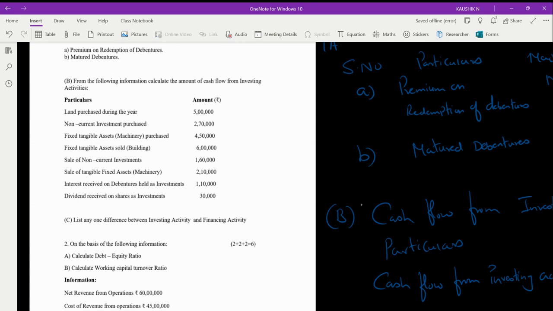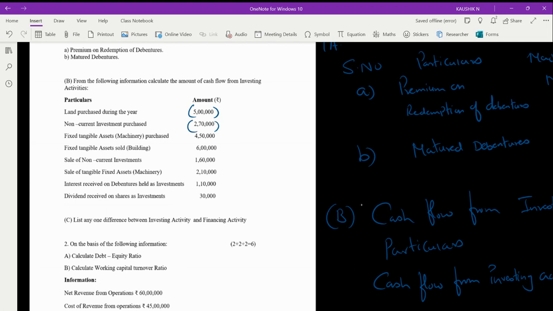So land purchase will be outflow. So this will be within the bracket. Clear? The first item, that is 5 lakhs, will be within the bracket. Non-current investment purchased. So what will that be? Outflow or inflow? It is outflow of cash.